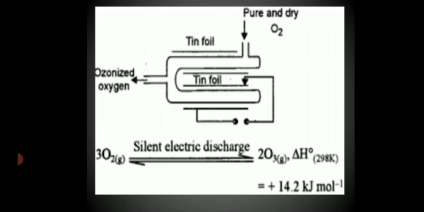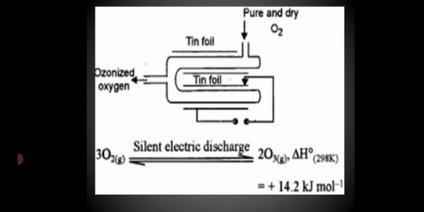You can see it is written there on the screen, tin foil. The tin foils are connected to the two terminals of the power induction coil. You can see it is being connected. Power induction coil, that is your battery, and the pure, dry and cold dioxygen is passed in the annular space through an inlet.